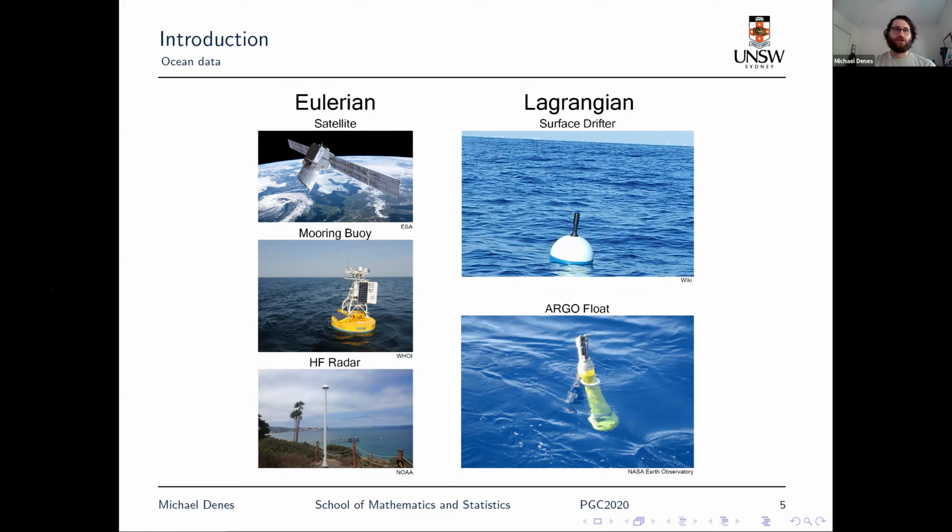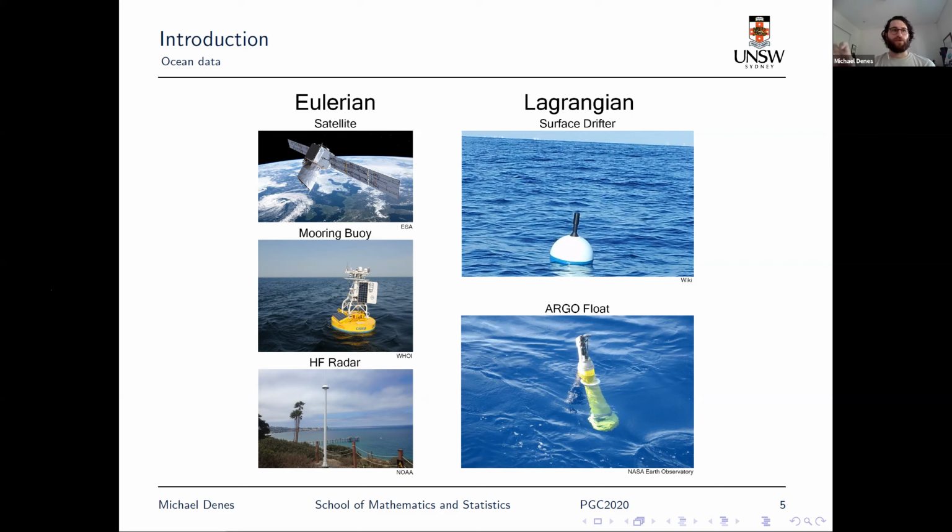What I haven't touched on here, which I will touch on later, is the use of supercomputers for ocean models. So instead of using real life data, what we can use are really high resolution ocean models that solve the Navier-Stokes equations, which simulate the real world fluid flows.